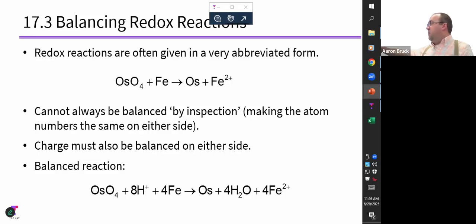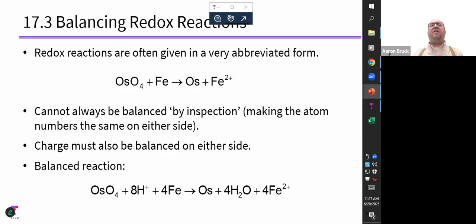The balanced equation is there on the bottom, where I've got 8 hydrogen ions and I've got 4 water molecules, and the reaction stoichiometry is actually 4-to-1 instead of 1-to-1, even though that looks like it should be 1-to-1 based off of the initial equation. There's a lot going on here. Turns out that this reaction only occurs in acidic solutions. How do we account for that?